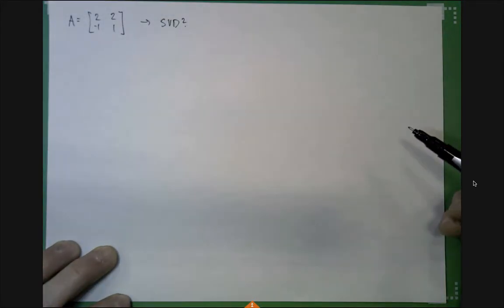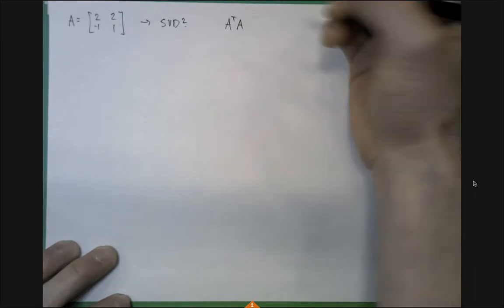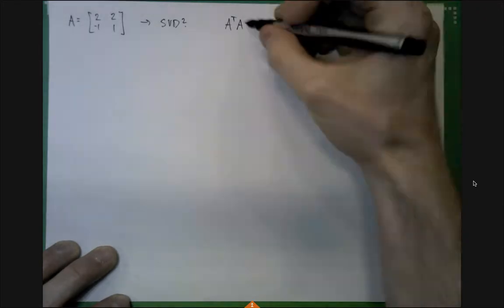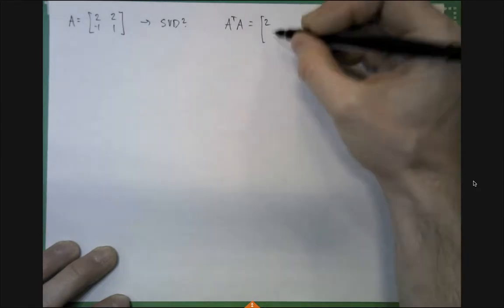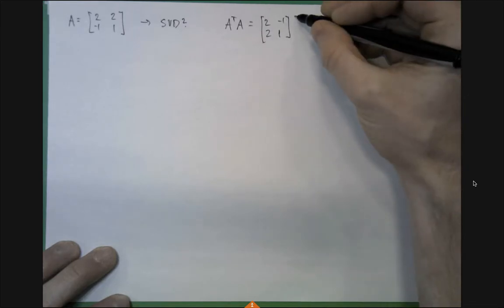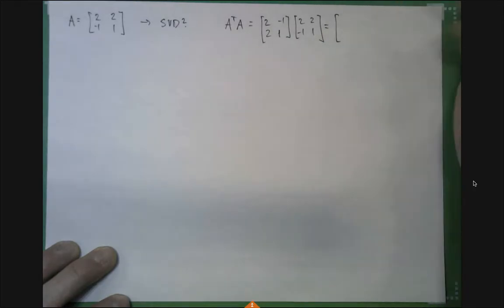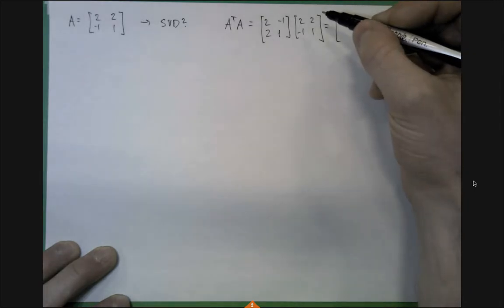So how do we compute the SVD? Last time we said that the key to computing the SVD is forming these matrices, A transpose A or A A transpose, which are quite closely related. So let's compute A transpose A. We just do the product: here is A transpose, and that's just A. In the final, you might have to compute things like this, maybe less so than in the midterm, but you should be able to compute things anyway.